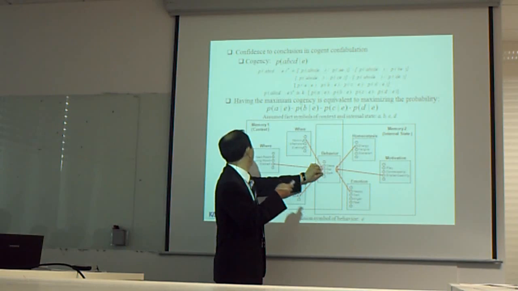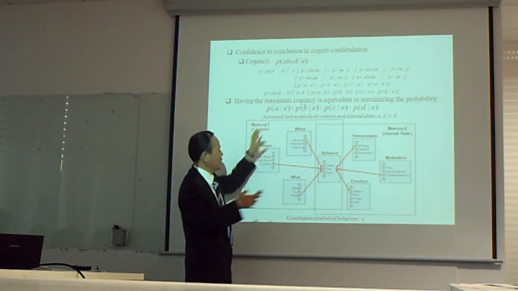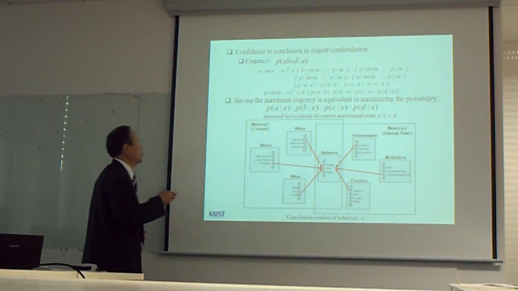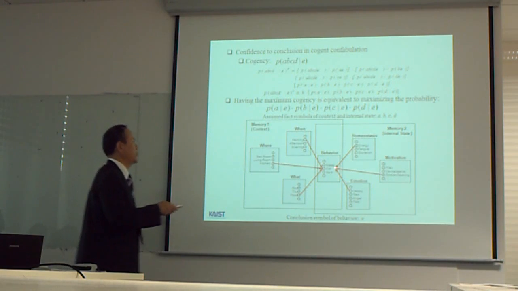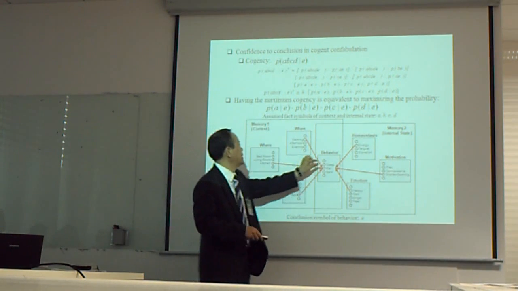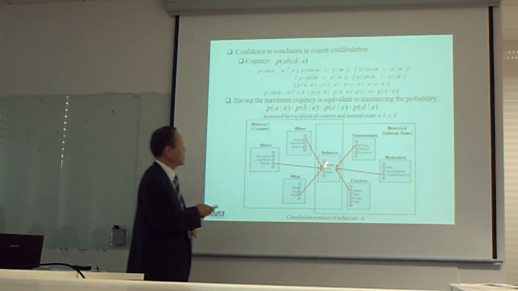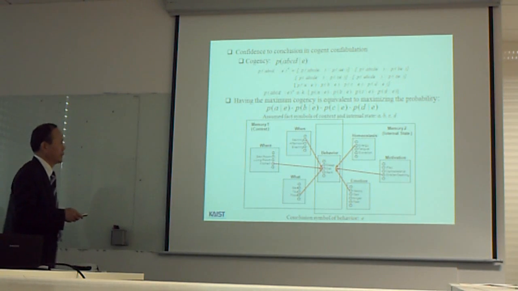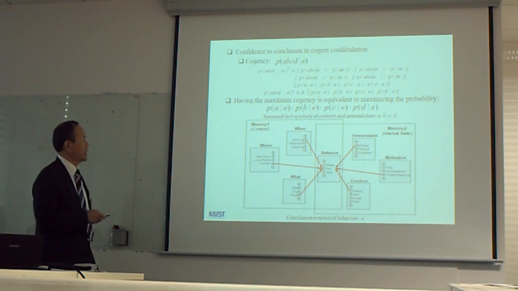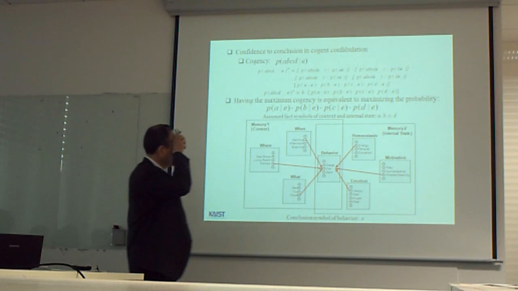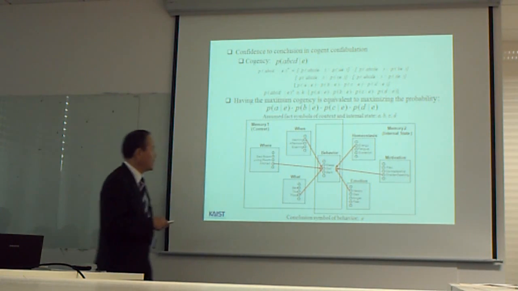This internal state, this internal willingness, and this external information: by integrating and coordinating them, we can select a final desired behavior. So at the time, I proposed this as a two-layer configuration scheme.